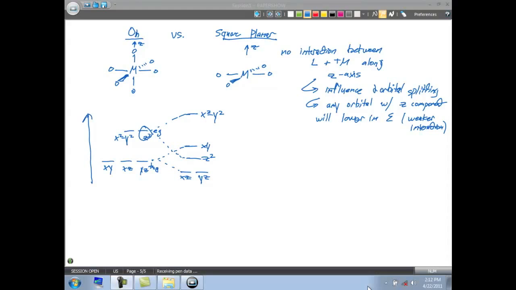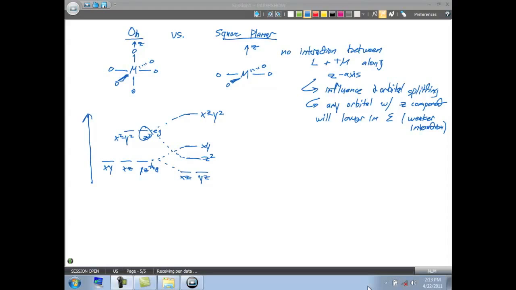So if we look at the crystal field splitting diagram for a square planar complex, we're going to have the xz and the yz at the lowest energy, followed by the z squared, followed by the xy, followed by the x squared minus y squared.